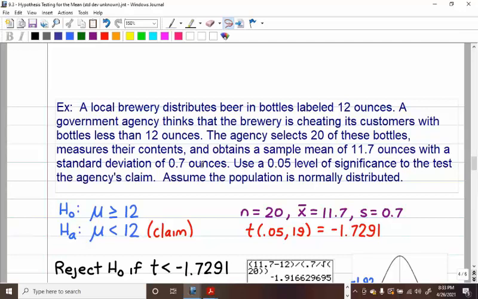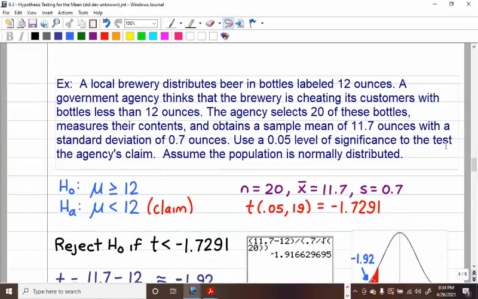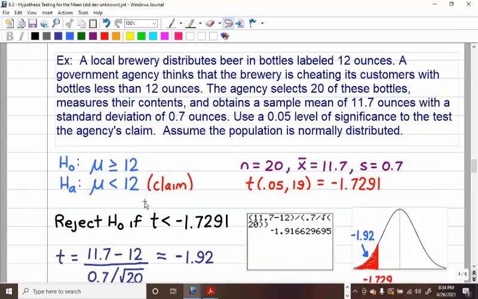It would be better if the word sample were there, but if it were meant to be a population, it would say that. You can also assume it's a sample because it's less than 30. Less than 12: less than is the alternative, so it pairs up with greater than or equal to.